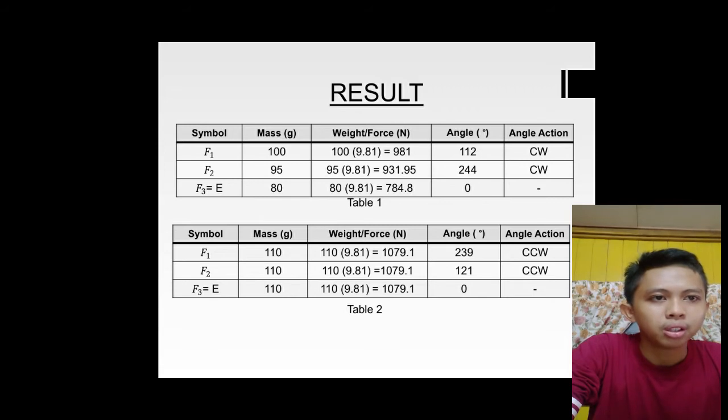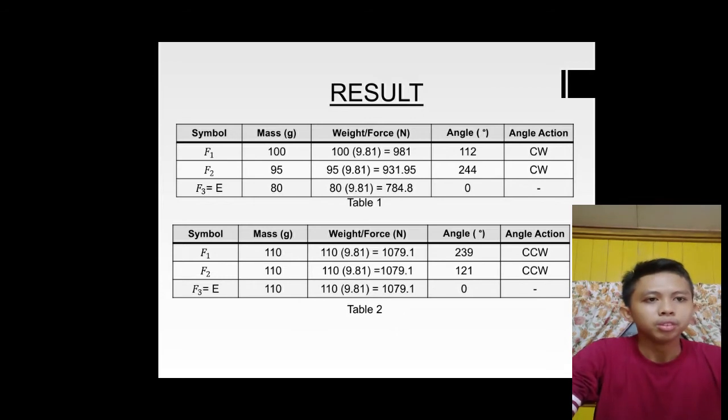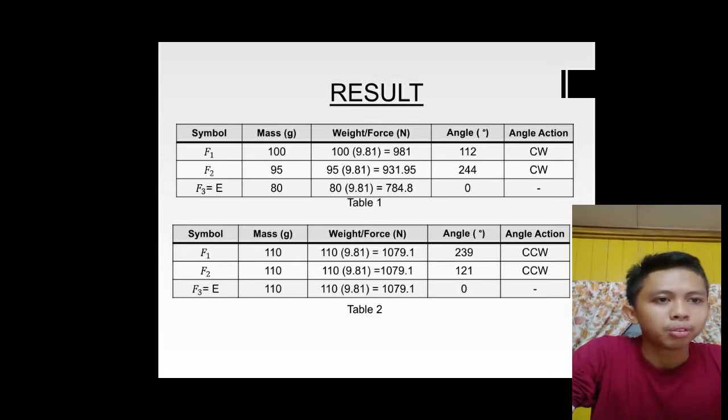F2: mass 95, weight 95 times 9.81 equals 931.95, angle 244, direction CW. F3: mass 90, weight 90 times 9.81 equals 882.9, angle 0.